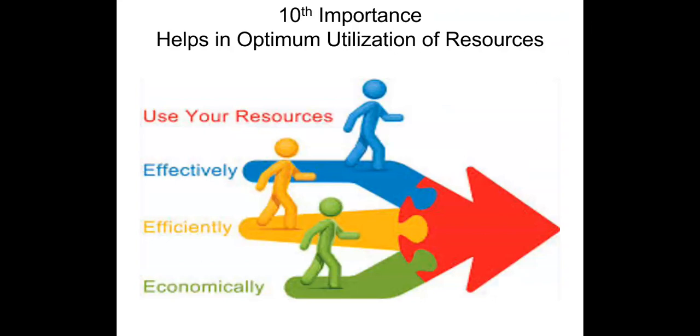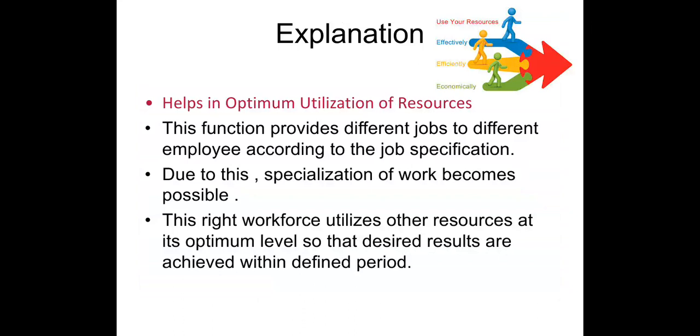In a similar way, whatever raw material they are getting in the organization, or whatever money they have, they have to utilize that money in such a way that not a single penny is wasted. Or the employees who are appointed have to work efficiently, so that there is no man sitting idle and paid unnecessarily. So that means it helps in optimum utilization of resources.